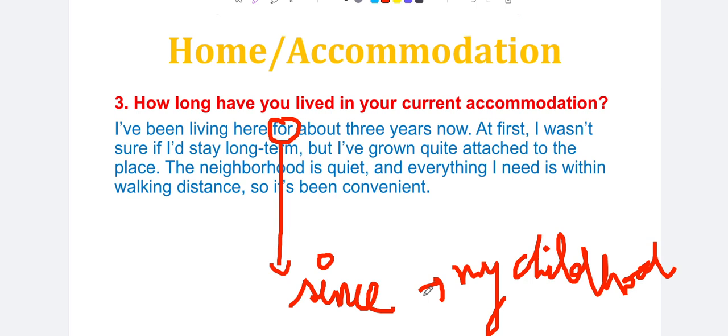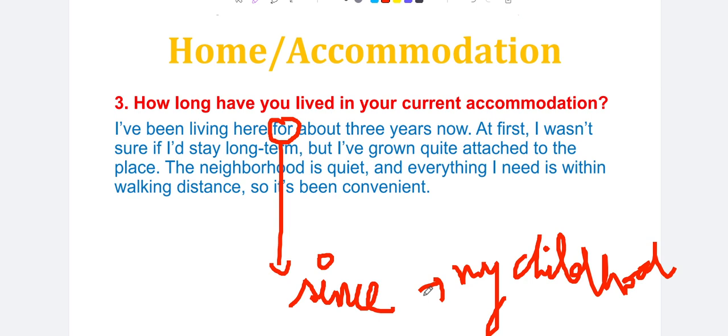So you will say, I like this place a lot because all my friends are in my neighborhood. So whenever I'm free or in the evenings, we usually play together. We go to a park for a walk, something like that. So you can talk about your neighbors, your friends living in the neighborhood, if you want to say that you have been living in this particular home since your childhood.